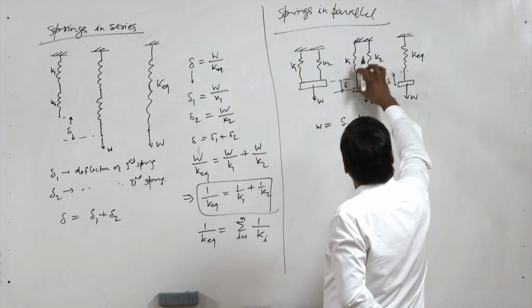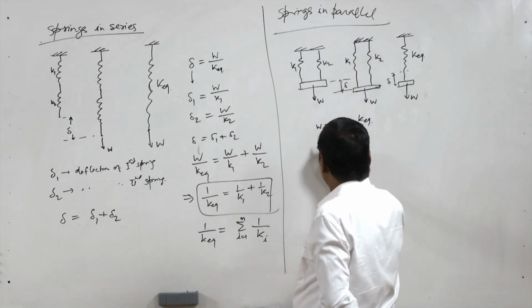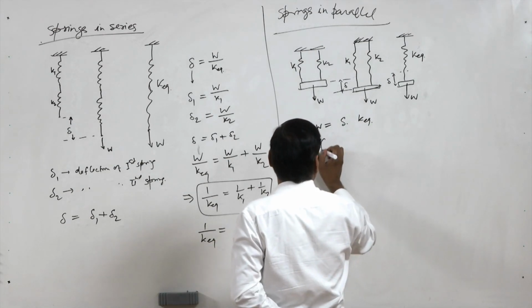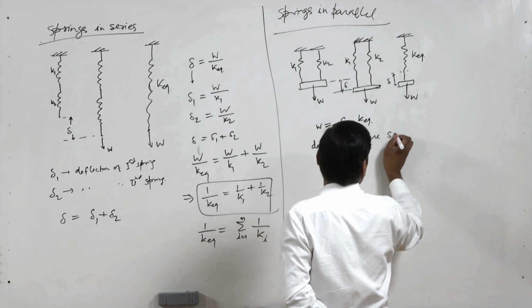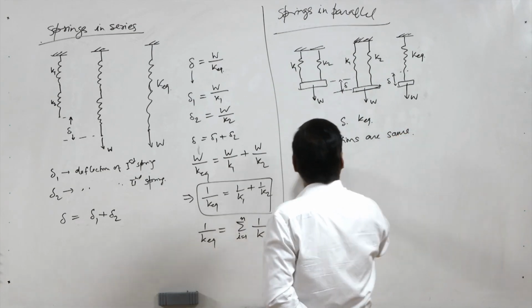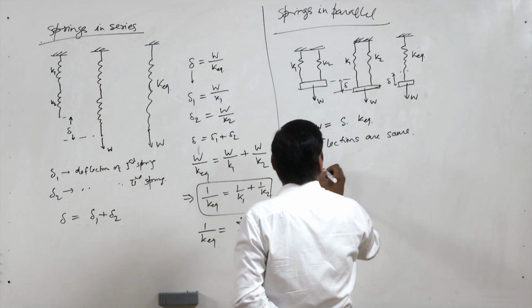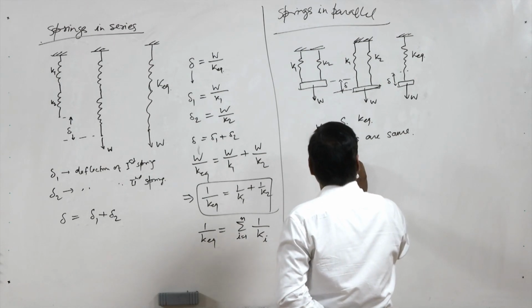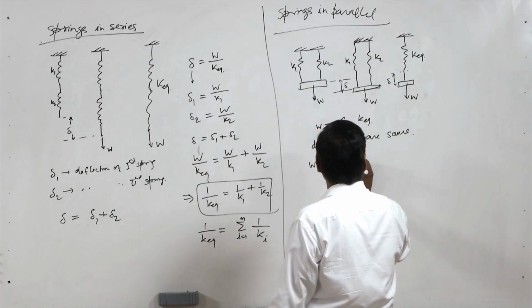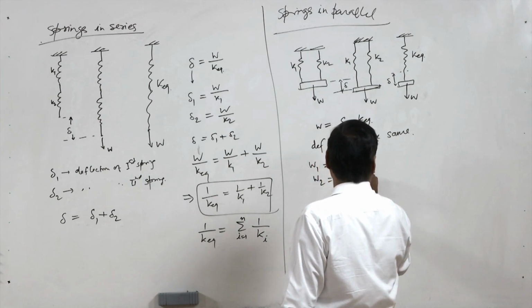The delta will be the same for both individual springs because they are in parallel, so the deflections are the same. Therefore, we can write W1 equal to delta 1 into K1 and W2 equal to delta 2 into K2.